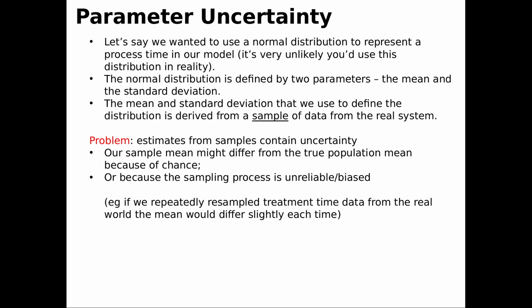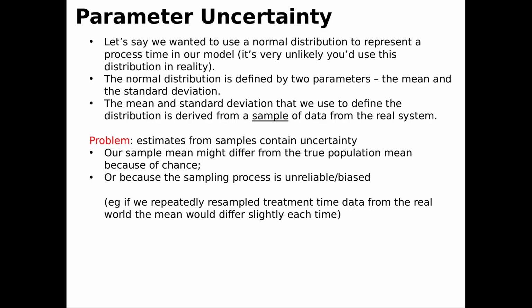But there's a problem with that, and that's that any time that we make an estimate from that sample, i.e. the mean or the standard deviation, there's inherent uncertainty, because our sample mean might differ from the true population mean, for example, because of chance, because of the particular sample that we've taken. We may take a sample, for example, during a particularly unusual period in the historic data, or it might be because the sampling process itself is either unreliable or biased, that we've only taken it from good months in the data, for example.